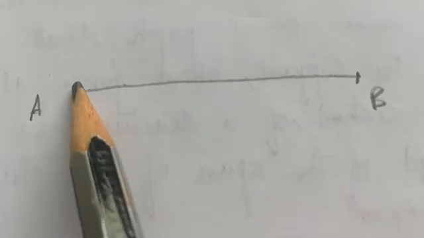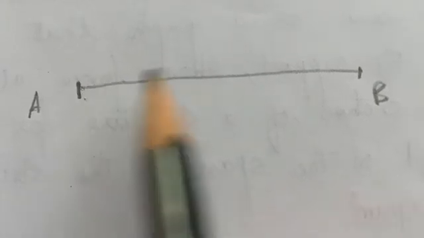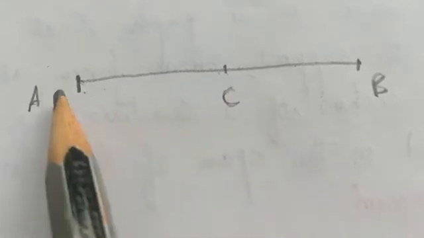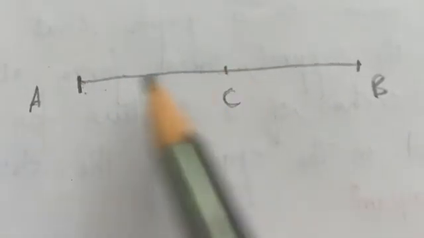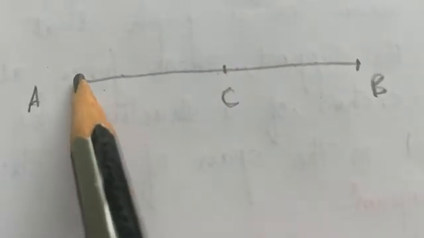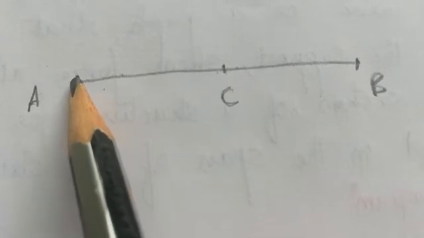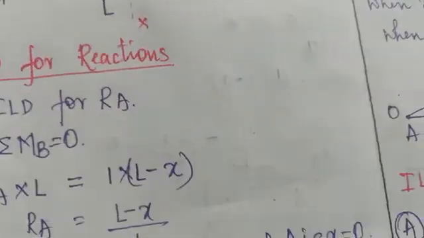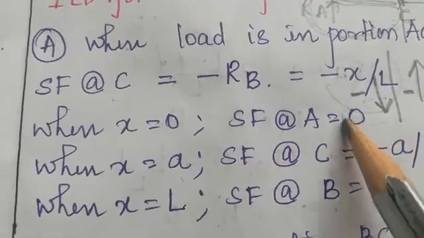Now when X was equal to 0, when the load was in the AC section, if you consider the load in the AC section, what was the value over here? We had these values. When X was equal to 0, you had it as 0.